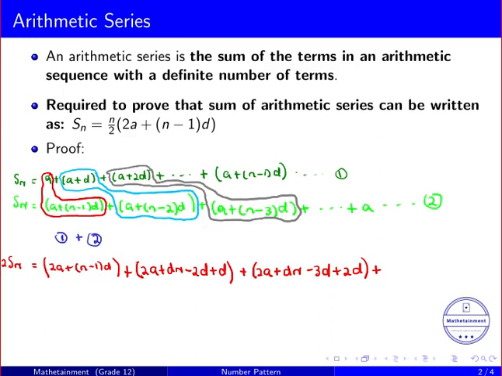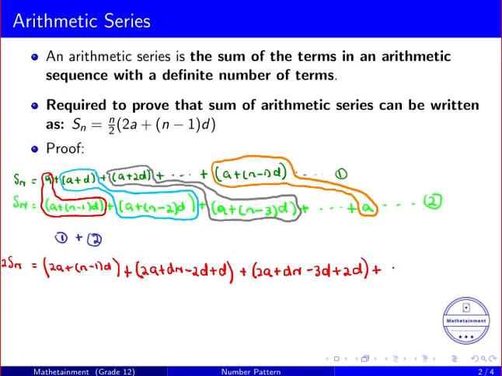Now you add these two. You add the last term of your first series and the last term of your second series.